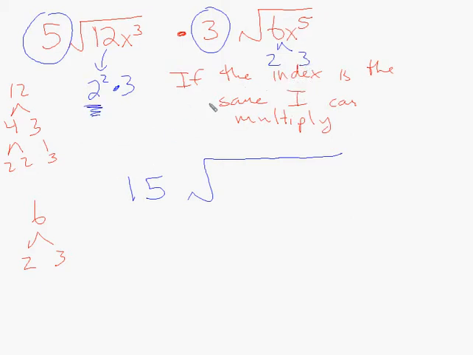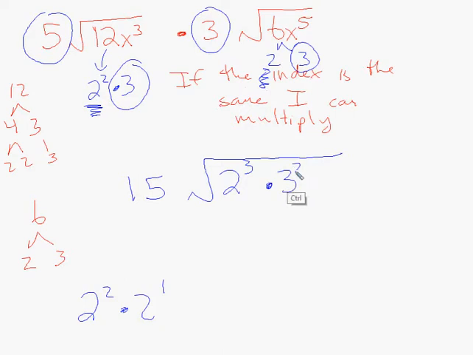Now, what's 2 squared times 2? 8, but I want to do it in exponential form, so using rules of exponents, 2 to the third. And what's 3 times 3? Yes, it's 9, but use exponents: 3 squared. And then using rules of exponents, x to the 8.